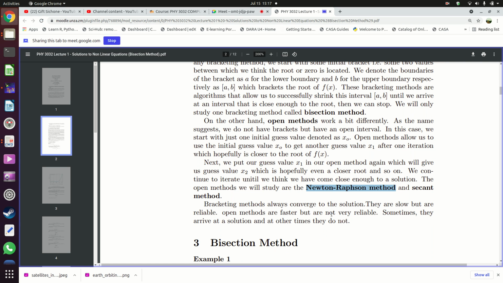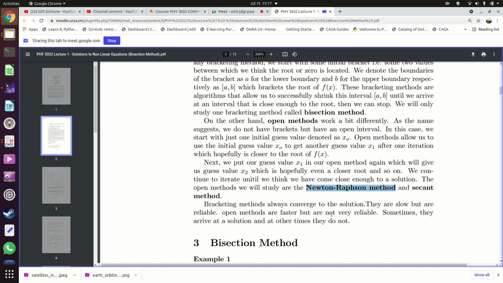Bracketing methods and open methods have advantages and disadvantages. With bracketing methods like bisection, as long as you have chosen a bracket where, in between the brackets, the function cuts the x-axis, then as you shrink the bracket, the method will always give you a solution.